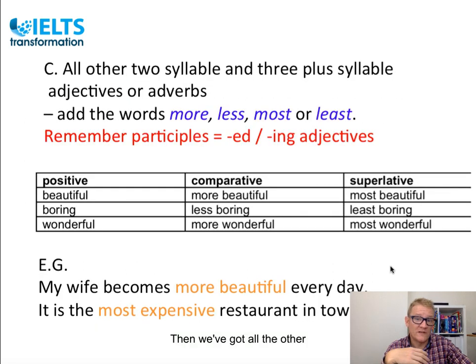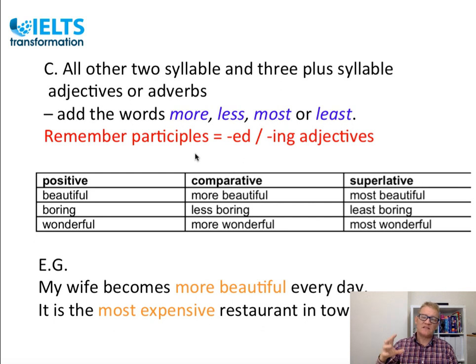Then we've got all the other 2 syllables and 3 syllables and more adverbs and adjectives, we add more, less, most, or least. Beautiful, more beautiful. Boring, less boring. Wonderful, more wonderful. Remember participles. So remember that a participle is when we take a verb and we change it to an adjective by adding ed or ing.